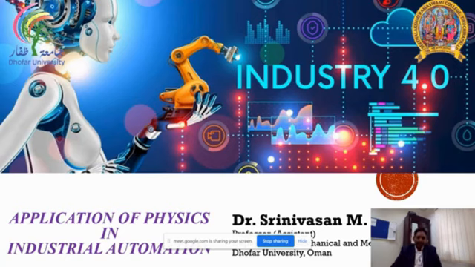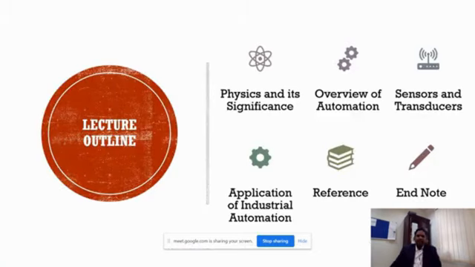So with this introduction, I'm going to the presentation. The overview of the lecture: I'm not going to stress the physics, because everyone knows physics is a natural science. Even if you and I are not there, there is going to be physics. How? The universe is made of water and land.